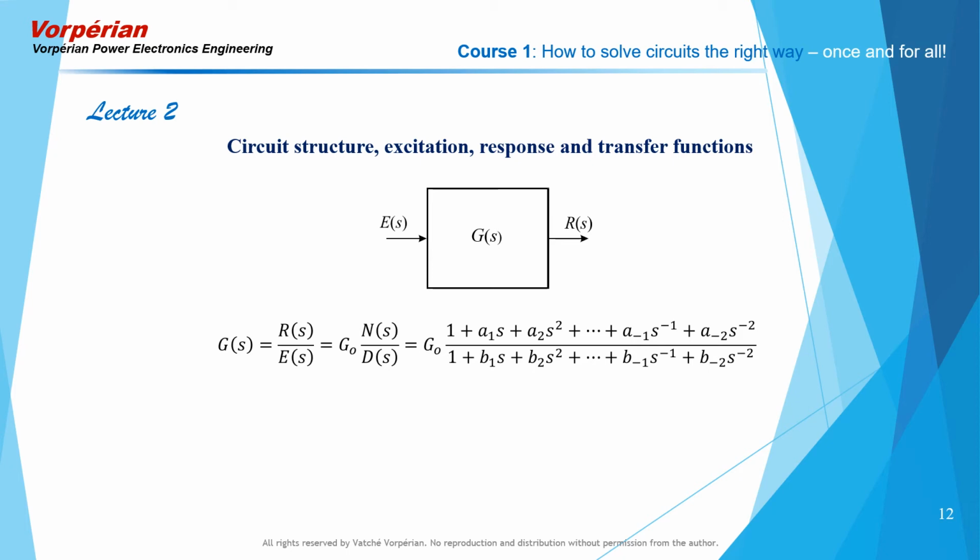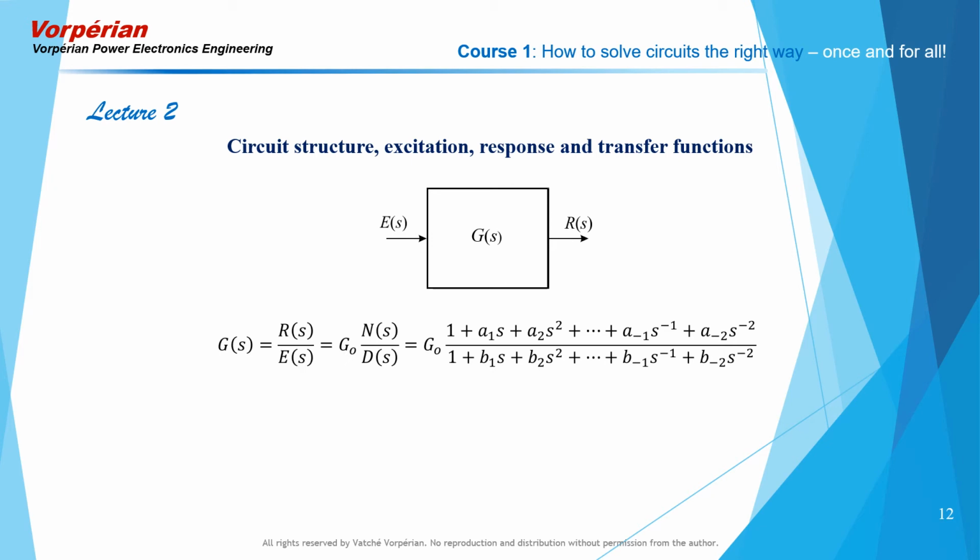This way, the constant that you get up front, g0, will have exactly the same units as the physical transfer function G(s). And the sole purpose of N(s) and D(s) is to tell you how the transfer function departs from g0 as the frequency increases.